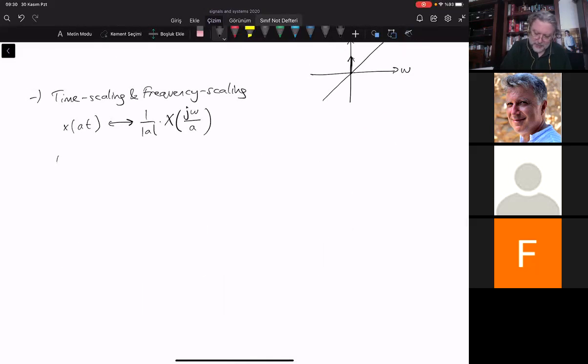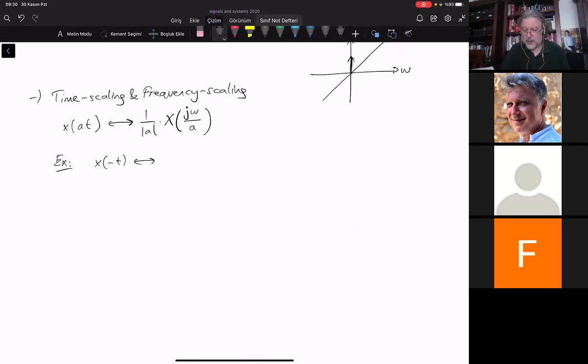A good example for this one is precisely when a is equal to -1, because it's like already a property. If you flip around x of t by scaling the time with -1, it would correspond to 1 over magnitude of -1, which is 1. So we don't have any scale of magnitude.